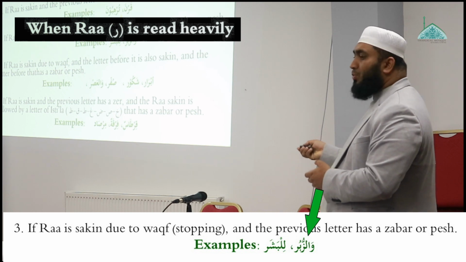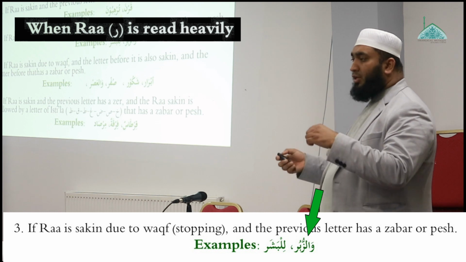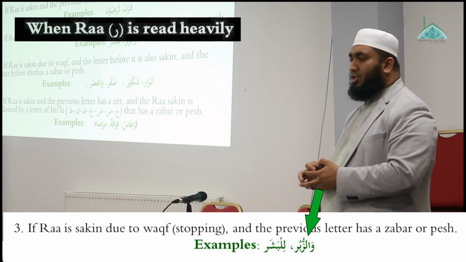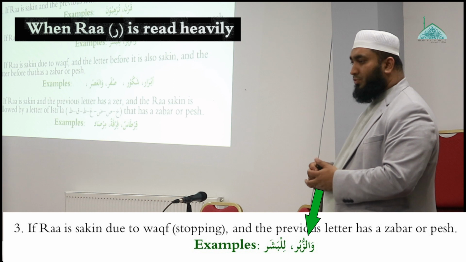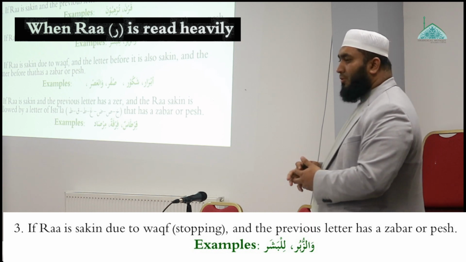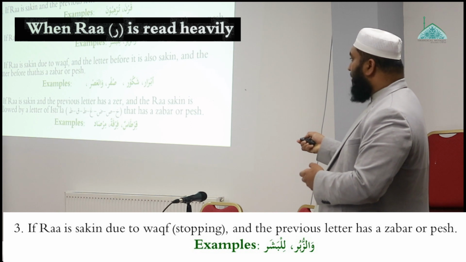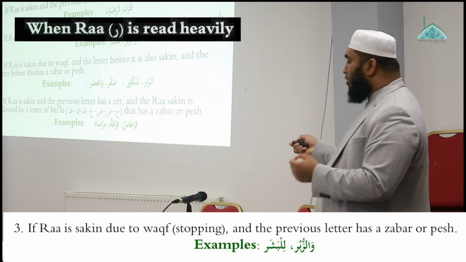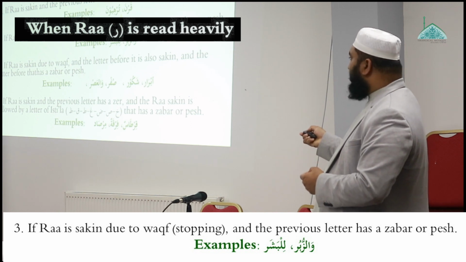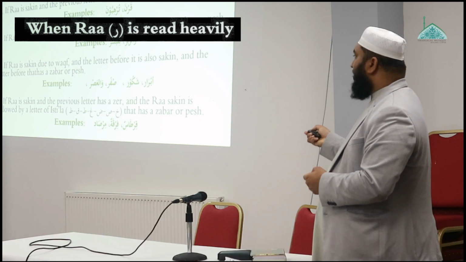Here it was Zuburi, but when you stop on Ra, it becomes Sakin, so we say Zubur. So Ra is Sakin due to waqf, because of stopping, and the letter before it has a Zabar or Pesh.